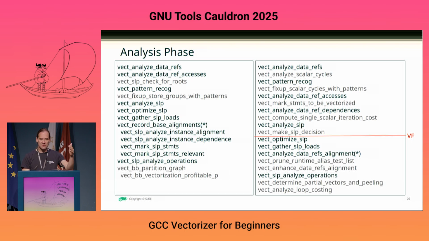Or if there's a dependence we can see, like this iteration accesses the same data as the iteration 10 iterations before, then we compute the maximum unroll factor we can use without hitting that dependence.